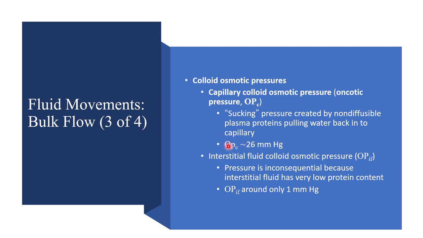The oncotic pressure inside the capillary is roughly about 26 millimeters. Now in the interstitial space, the osmotic pressure is inconsequential because the interstitial fluid has very low protein content. Therefore, the interstitial fluid oncotic pressure is roughly assumed to be only 1 millimeter of mercury.